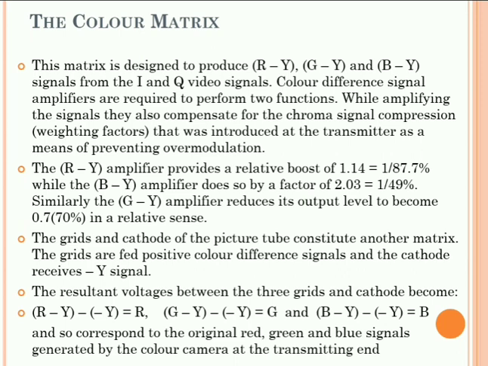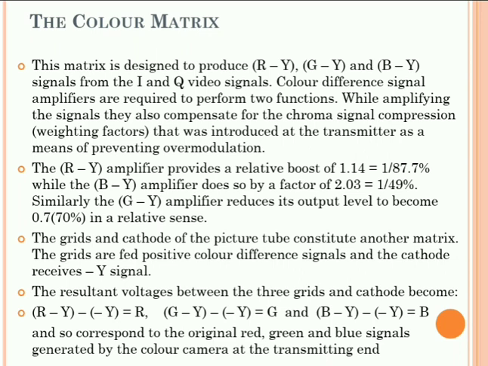The resultant voltage between the three grids and cathode becomes R minus Y minus of minus Y, which will be equal to R; G minus Y minus of minus Y, which will be equal to G; and B minus Y minus of minus Y, which will be equal to B. Ultimately we are getting R, G and B signals at the output of this decoder circuit.